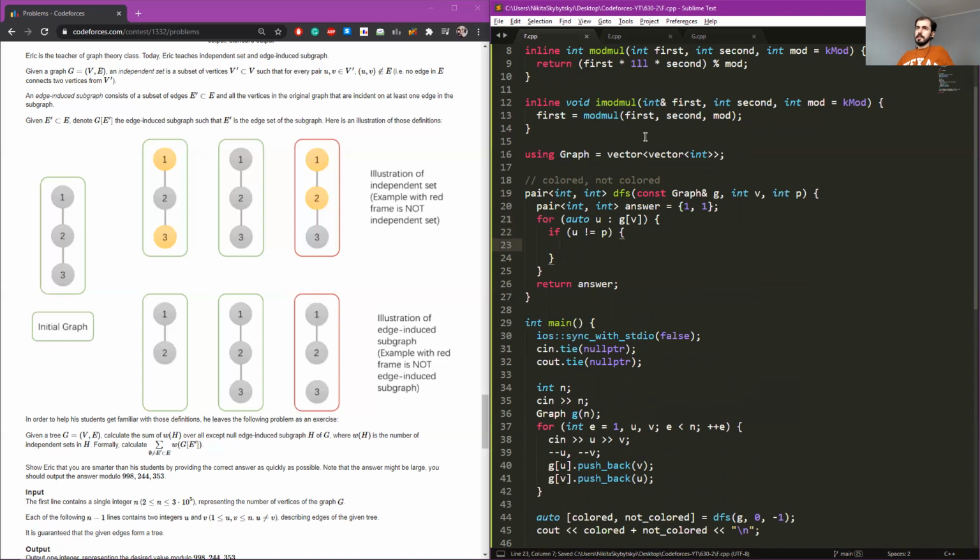Okay, so the answer will be the product in different subtrees. So how many ways if we do color this vertex, right?